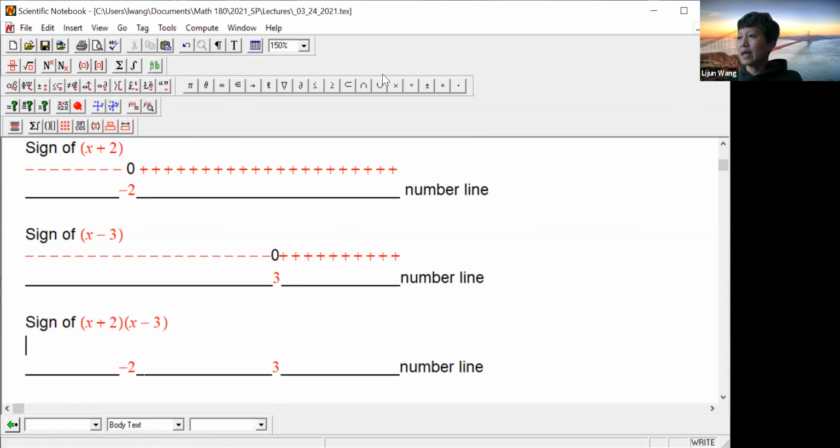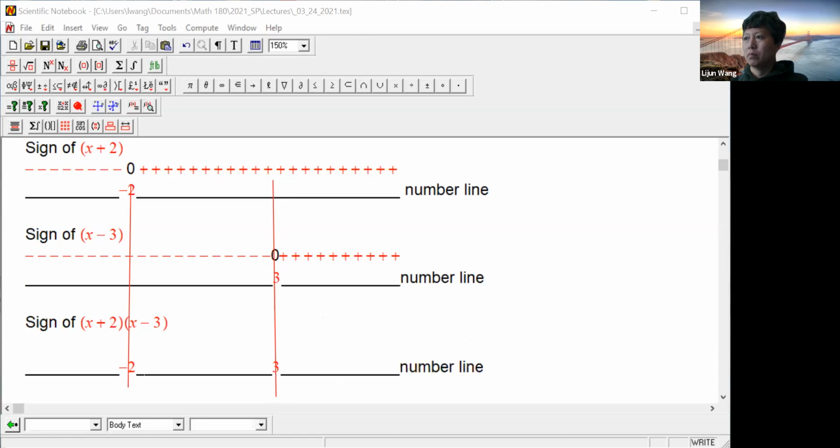I have these line up. Okay. -2 lines up with -2, +3 lines up with +3. Okay, I'm doing that intentionally.